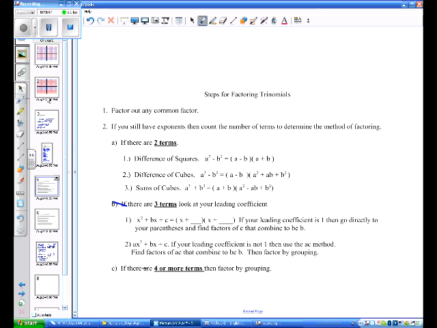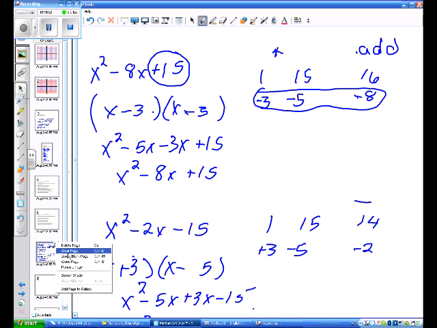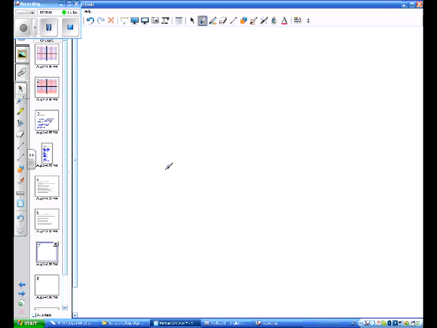So let's just go back and look at one of these pages. Let's just clear this page. And we're going to look at ones where the leading coefficient is not 1. So let's start with this one, if I can get a pen to start.